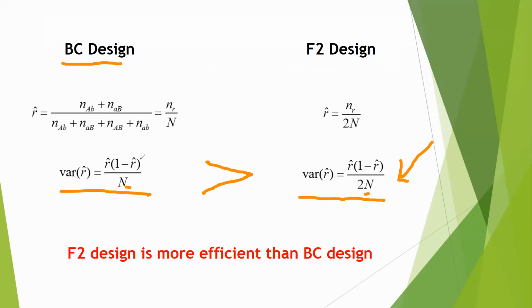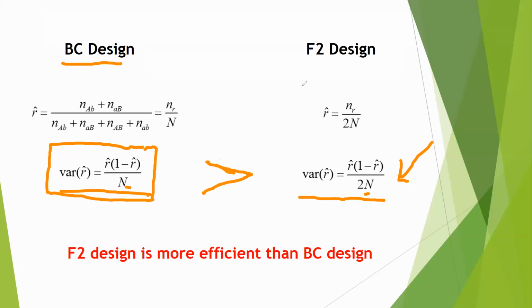In another way, if we use the backcross design, the estimated R has more uncertainty than that from the F2 design. Does that make sense?